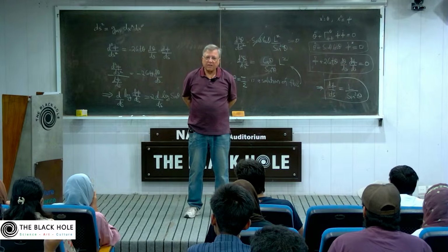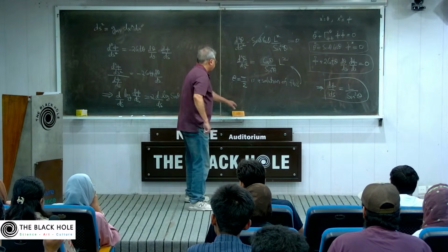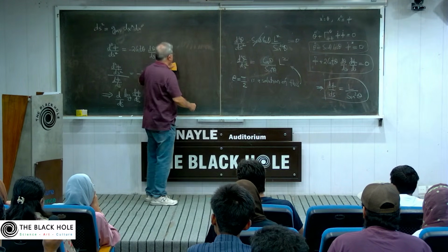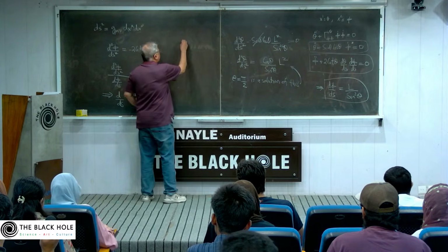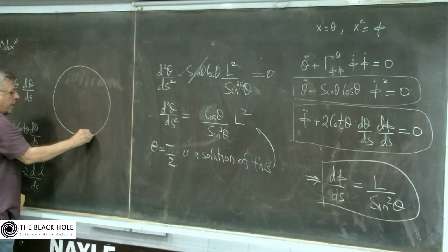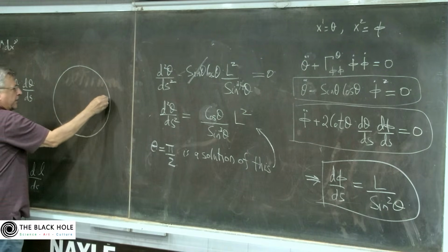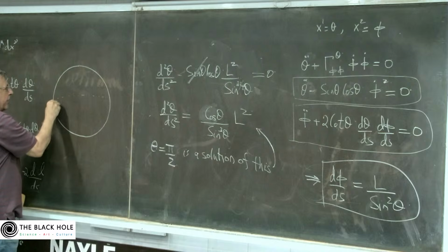Well, look, you are thinking of a symmetry argument, and you are very correct to think of that. But first, let's ask what theta equals pi by 2 means geometrically. This is the equator.